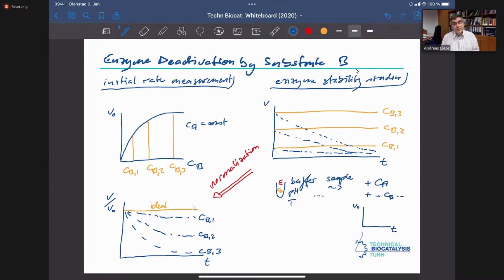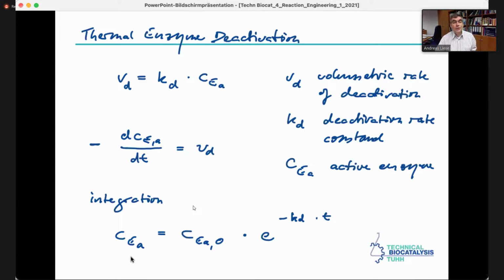Now we have here a degradation, so that's enzyme, same approach that we used before in the case of thermal enzyme deactivation. Let me quickly change back to the transparency before returning here. So this was what we just had, thermal deactivation, and we had described the thermal enzyme deactivation with a deactivation rate constant depending on the active enzyme.